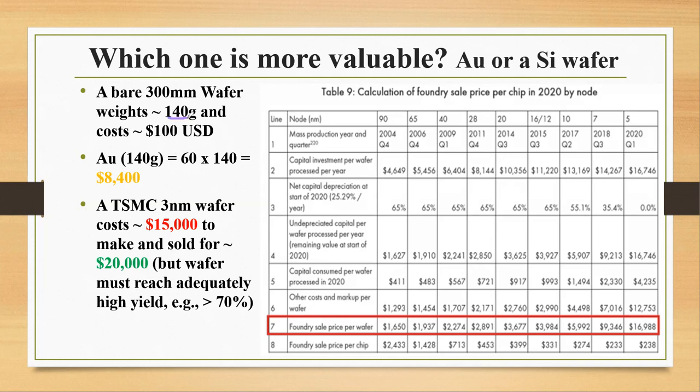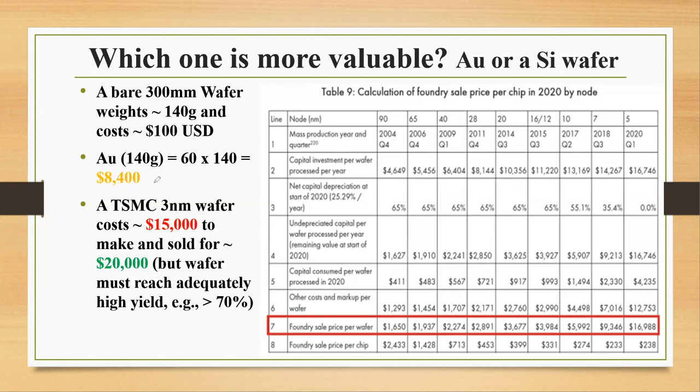But if you use this 140 grams and calculate the equivalent gold price, a gram is about $60 on the market right now, so times 140 is $8,400 for the equivalent weight of gold.